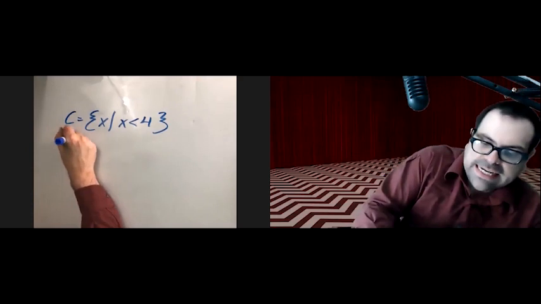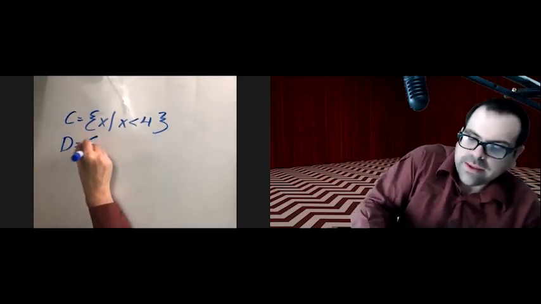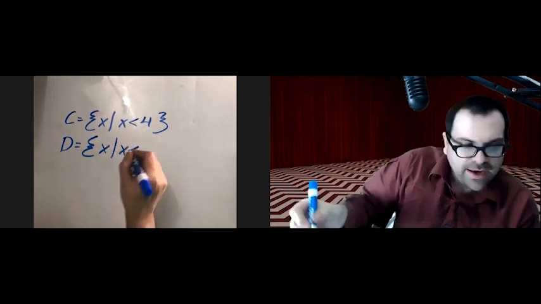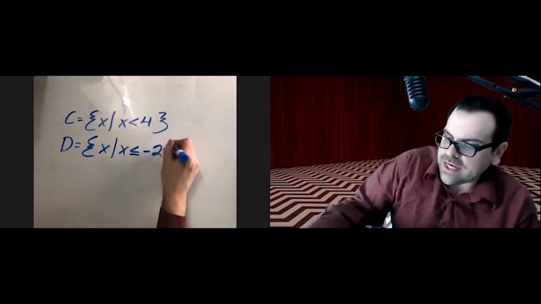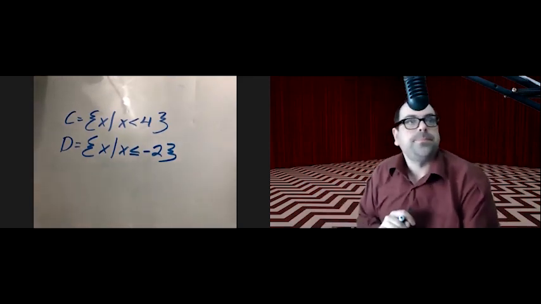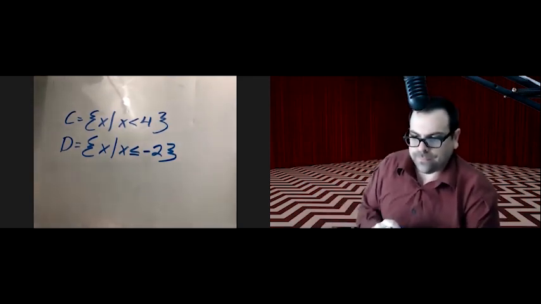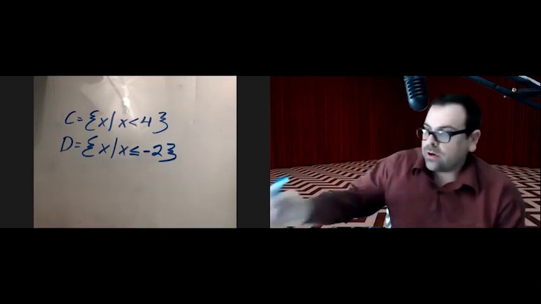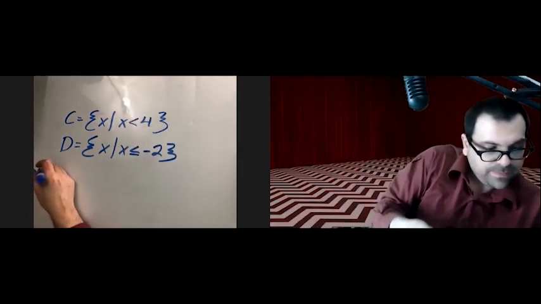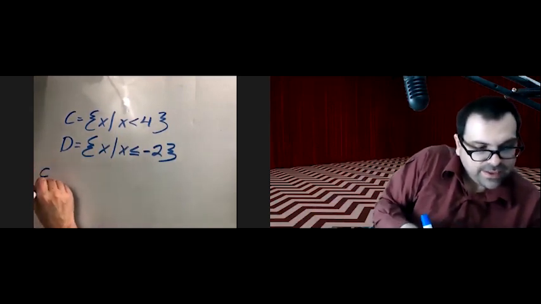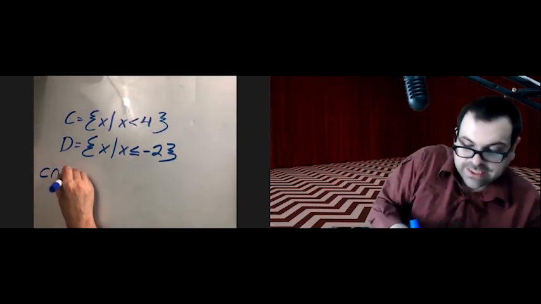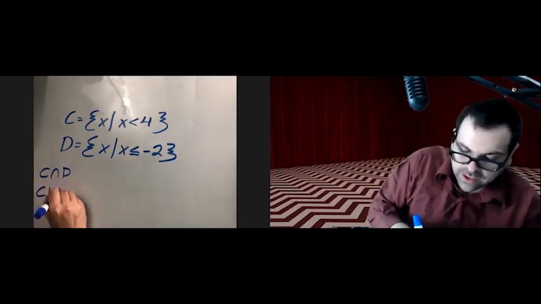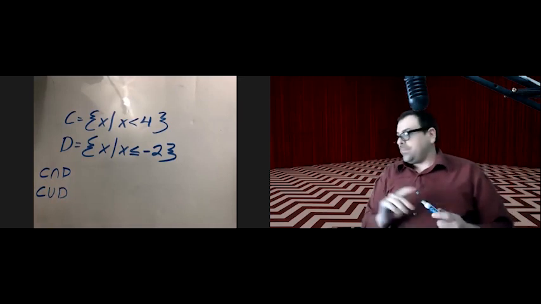We're going to have D be the set of all x such that x is less than or equal to -2. We are going to look for both C intersection D, and C union D.